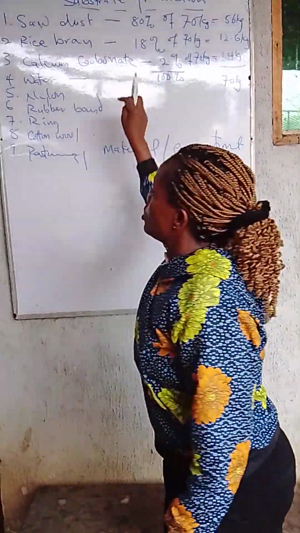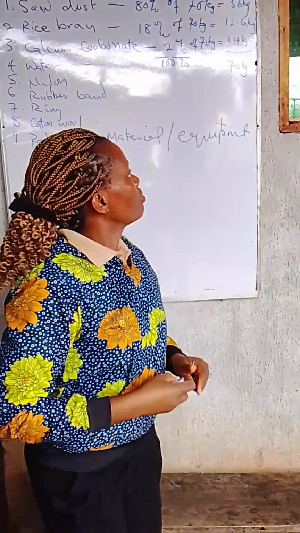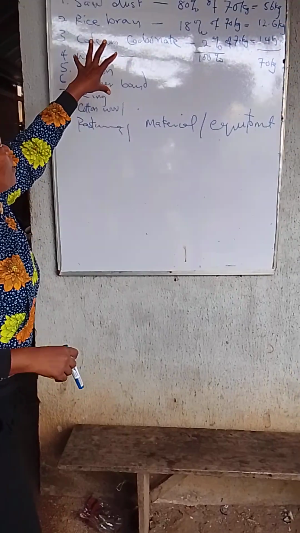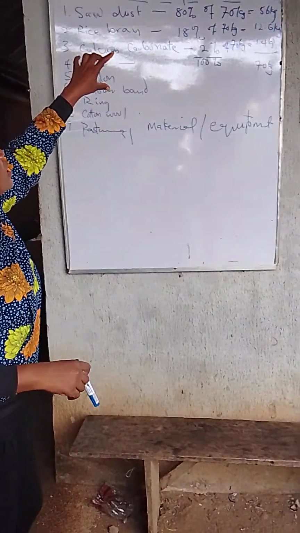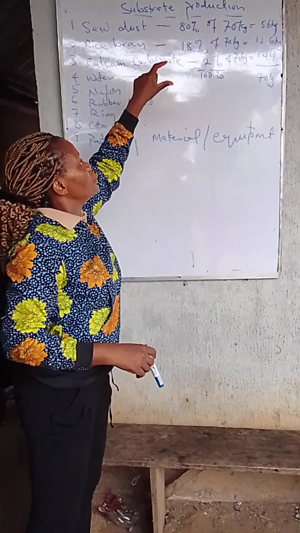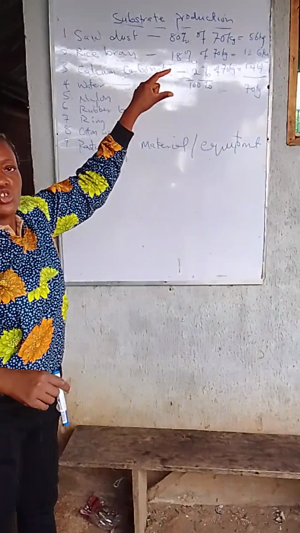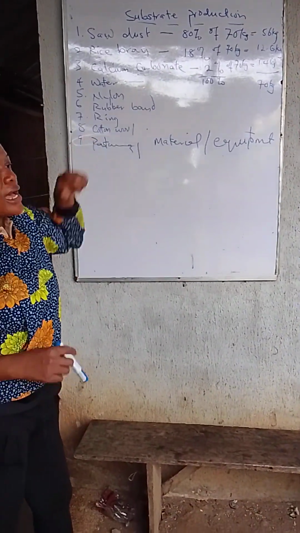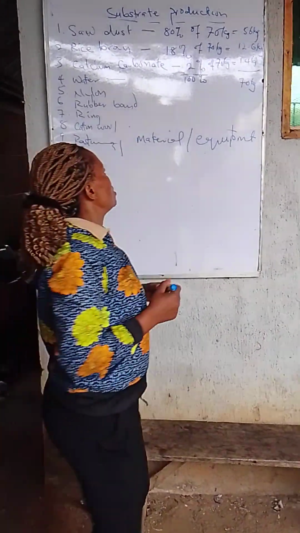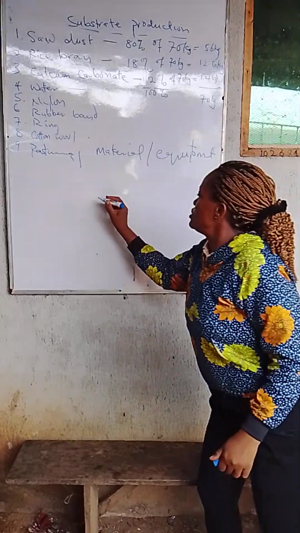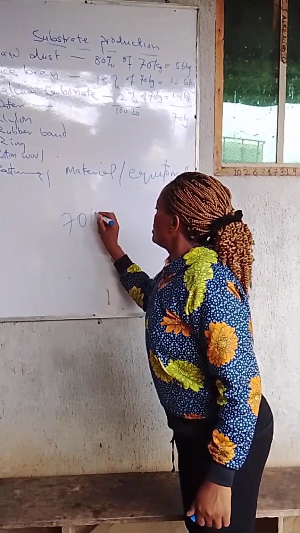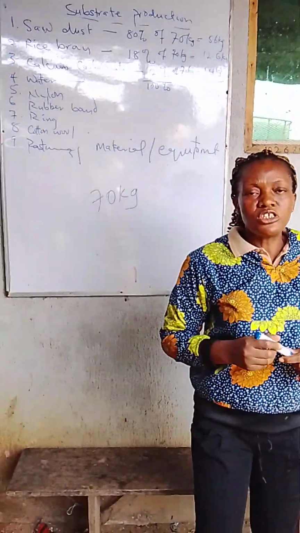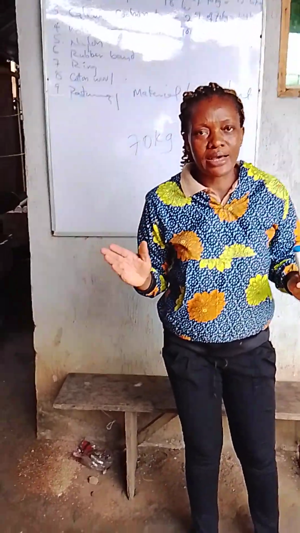All right. So when you have gotten your raw materials, you need to know the weight at which you will produce. Assuming you want to produce 70 kg dry matter, 70 kg worth of substrate bags.